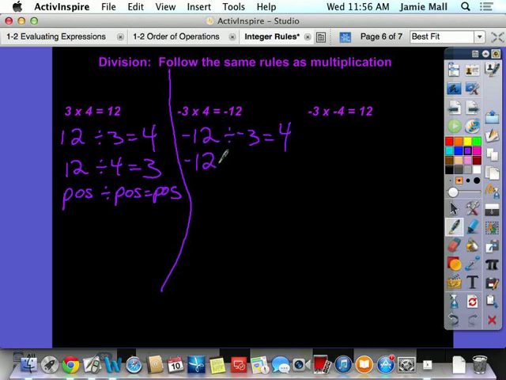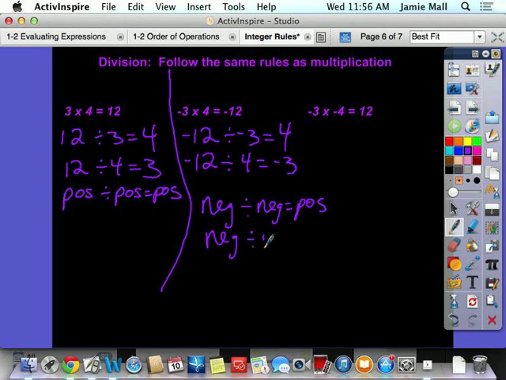And negative 12 divided by positive 4 leaves me with a negative 3. So I see here in the top example that a negative number divided by a negative number is equal to a positive, and a negative number divided by a positive number is equal to a negative.